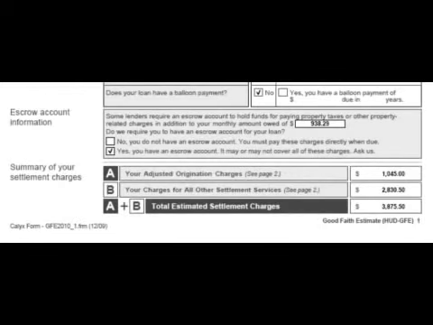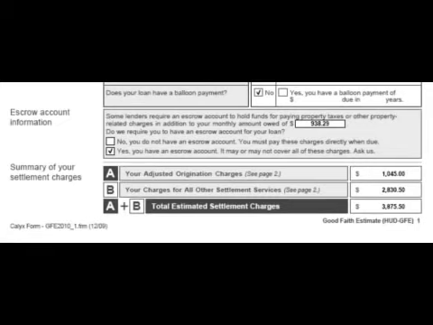Now we're going to look at how the escrow account information is displayed, the amount of funds held for property taxes or other property related charges. And then finally on the bottom of page 1 is a summary of your settlement charges. Your adjusted origination charges include the appraisal, the processing fee, and the lender underwriting fee.